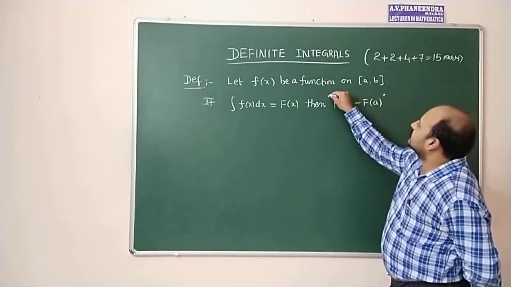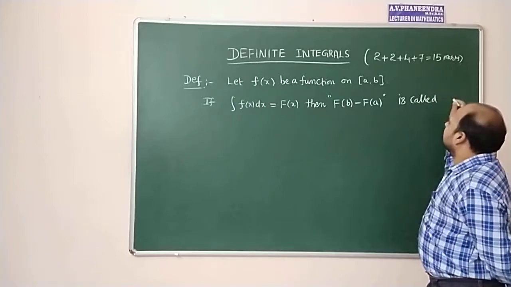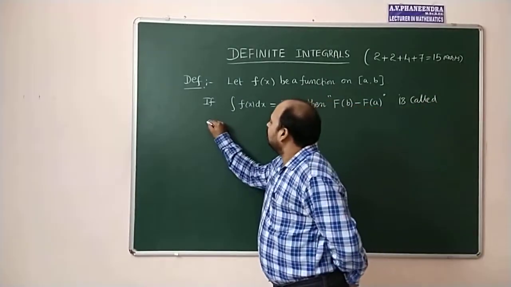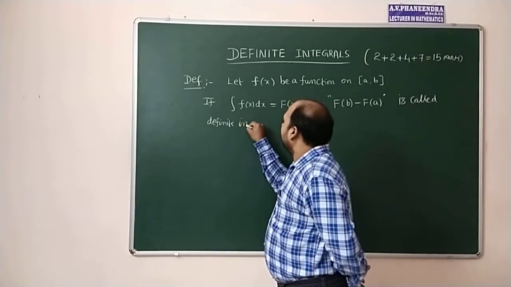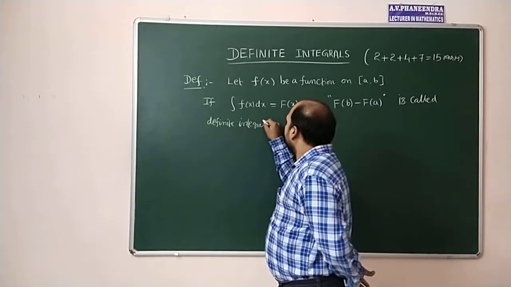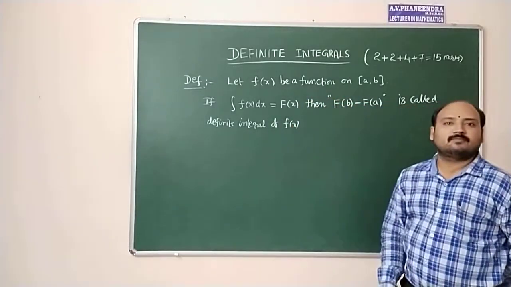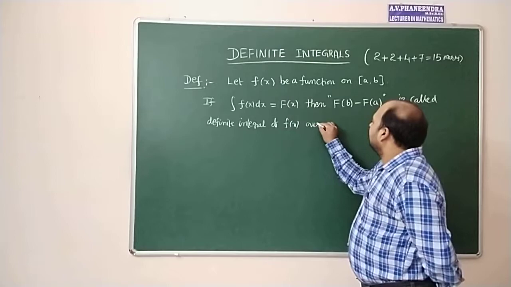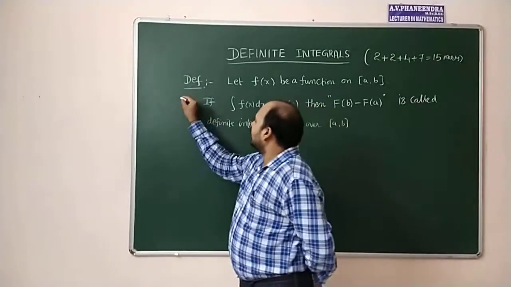This value is called the definite integral of f of x over the interval a comma b.